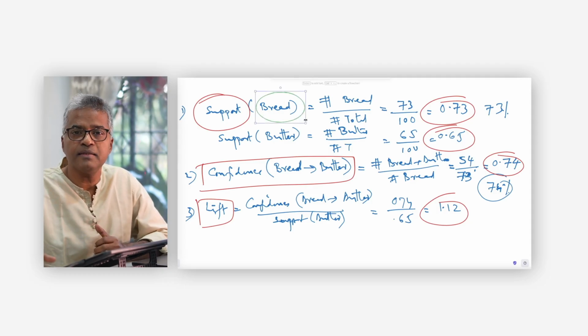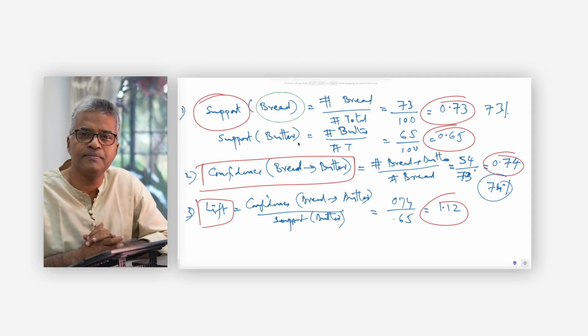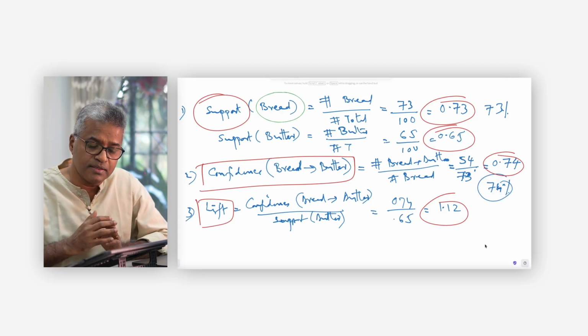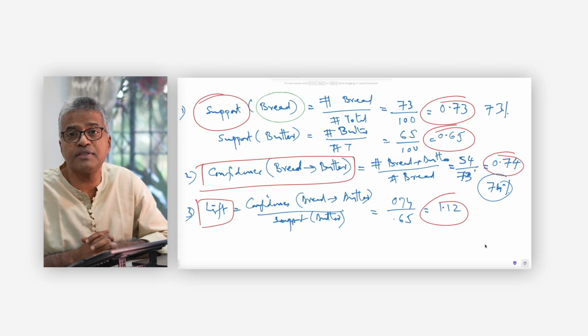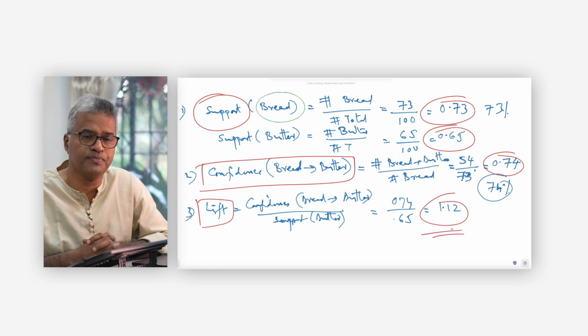Basically this information conveys that bread is a fast moving, very popular item in the grocery shop, and since the confidence of bread to butter is almost 74%, people buying bread will most probably end up buying butter also.